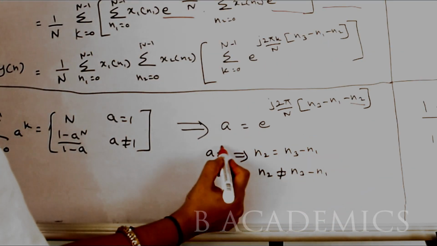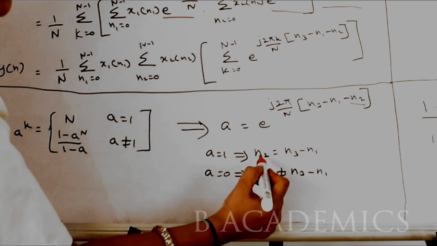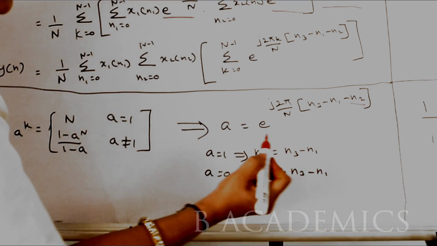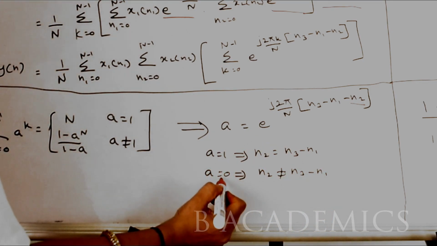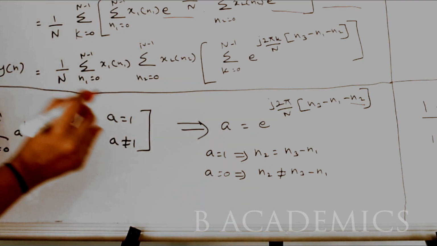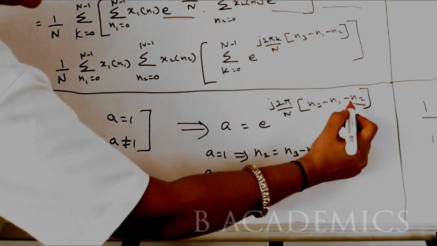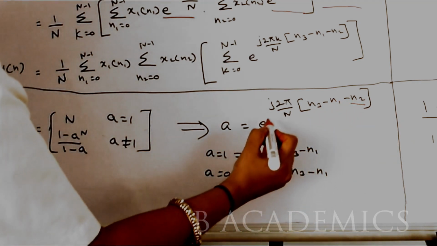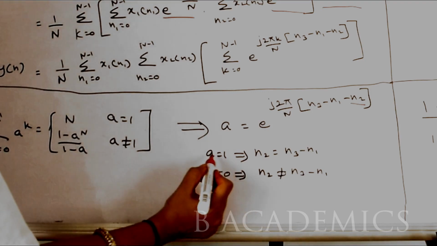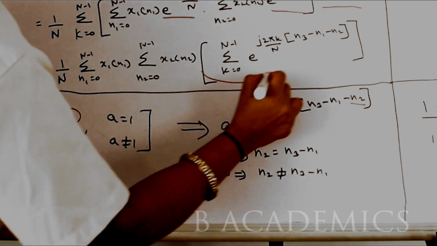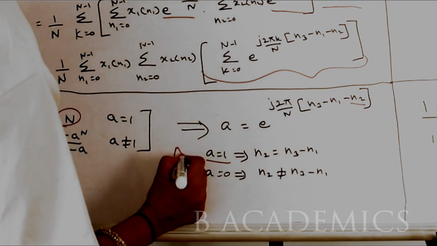When n2 is not equal to n3 minus n1, the value of a will not be equal to 1. When you substitute n3 minus n1, you will get e power 0, which is equal to 1, and when a is equal to 1, the value of this term becomes N.